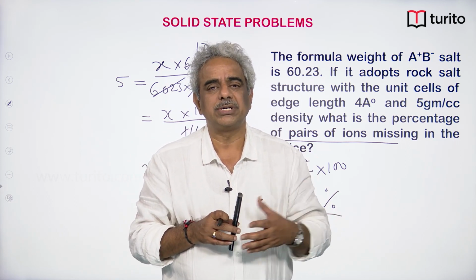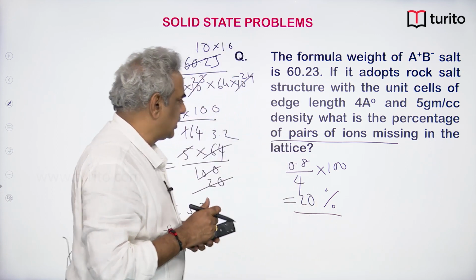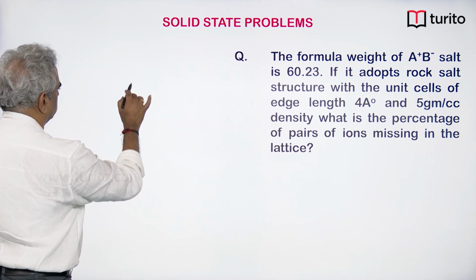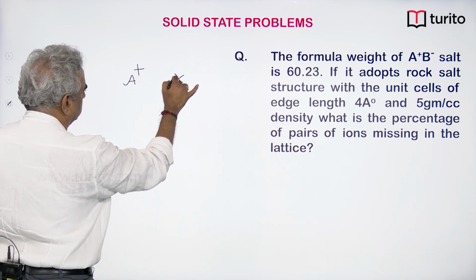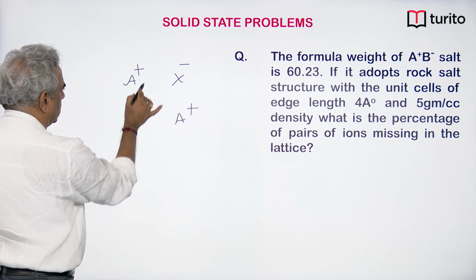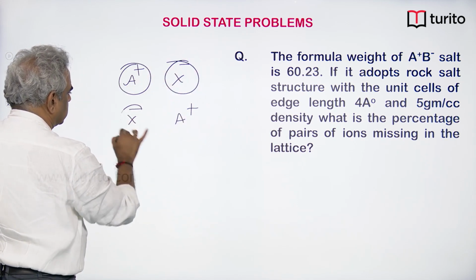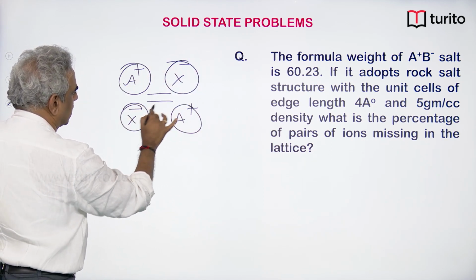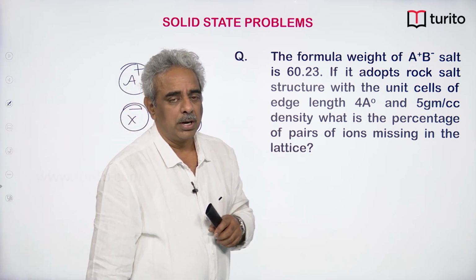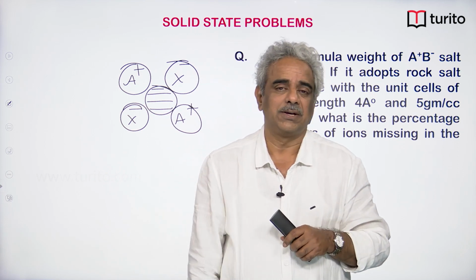What do you mean by interstitial spaces? Suppose in a crystal you have some ions neatly arranged. This is an ion, this is another ion, these are ions, but there will be some space unoccupied. That unoccupied space is called interstitial space.